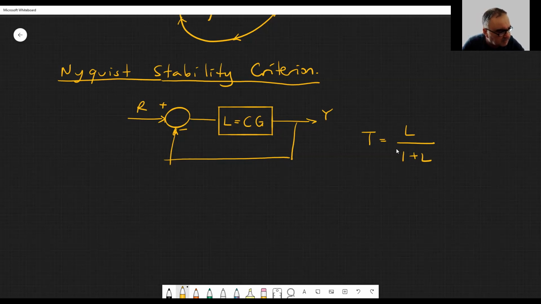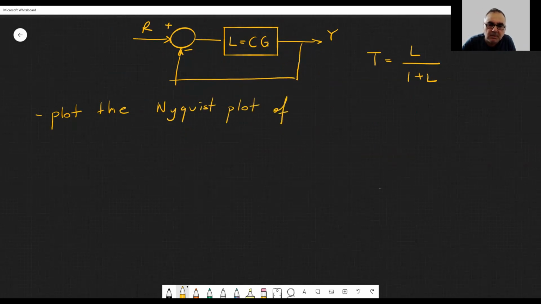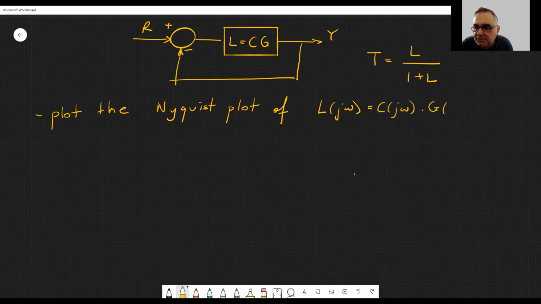The Nyquist stability criterion says the following. Plot the L of j omega, which, as you remember, is C of j omega times G of j omega, the open loop transfer function.